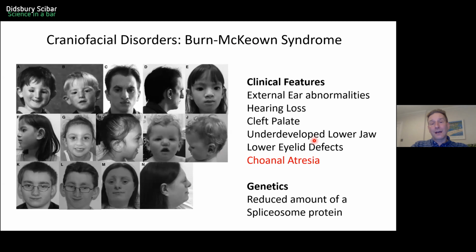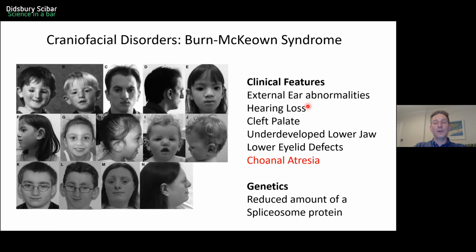One of the craniofacial disorders that we've been looking at most recently is called Burn-McEwen syndrome. It's quite a subtle genetic disorder, and it's quite rare as well. The clinical features are that patients usually have external ear abnormalities.